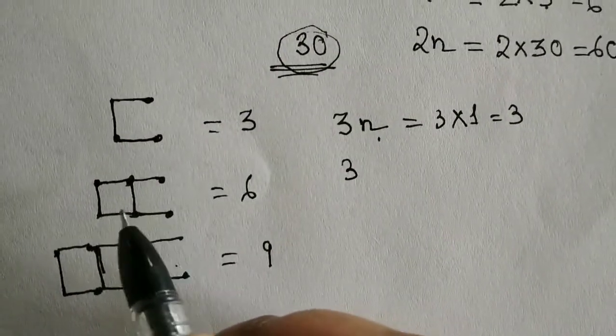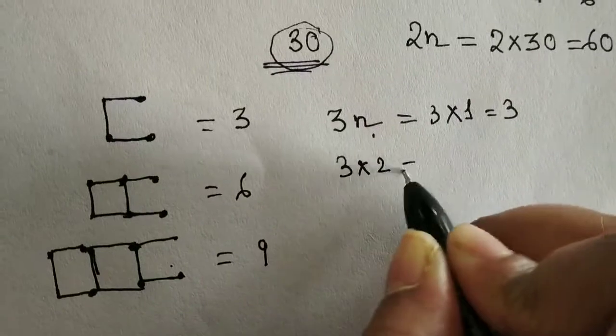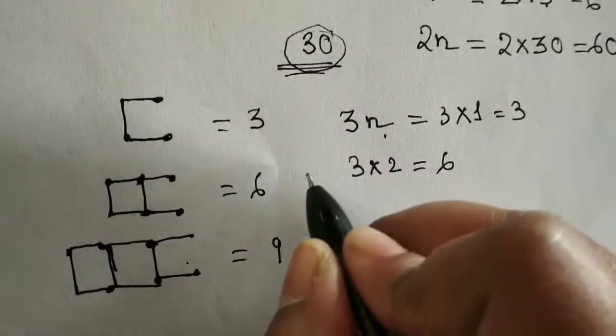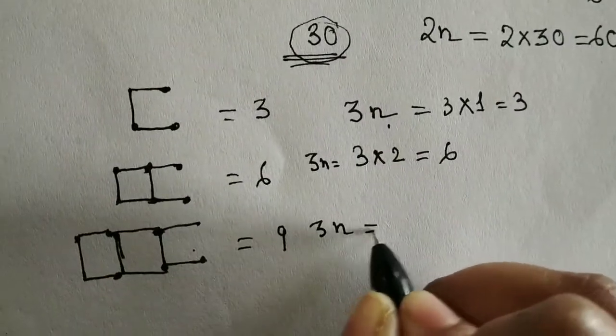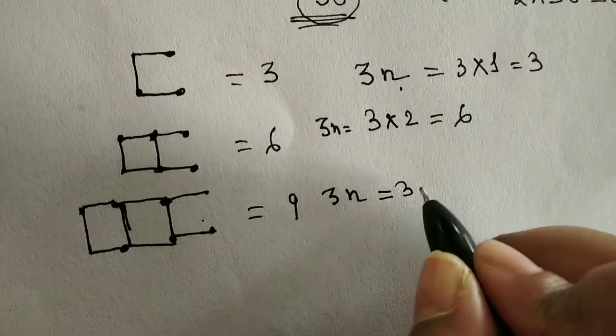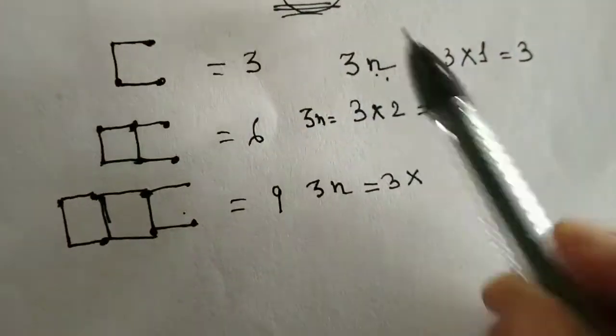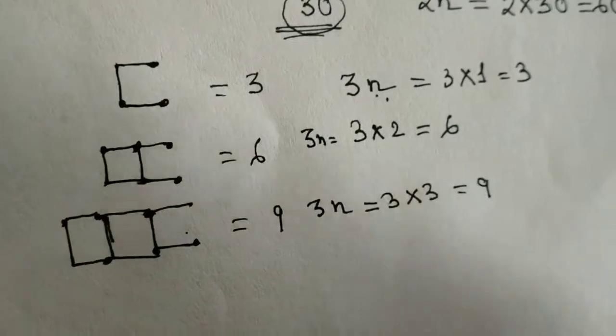Now again here n is the number of C's. So here 2 C's are used. So in place of n, if you put 2, then you will get 6. Again here number of C's are 3. So in place of n, we'll put the number of C's. So we'll be getting 3 3s are 9.